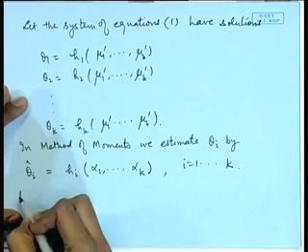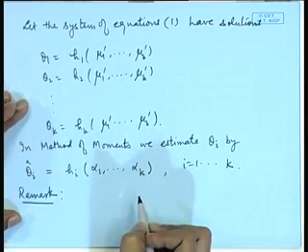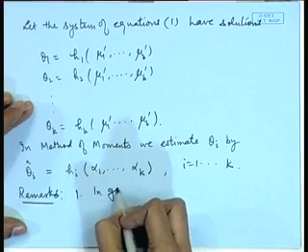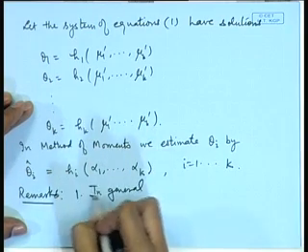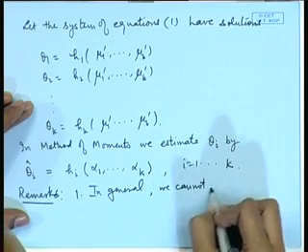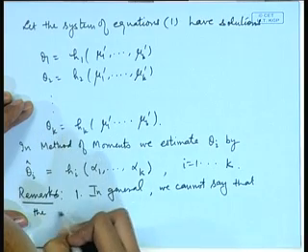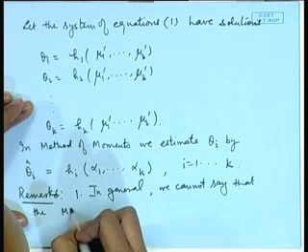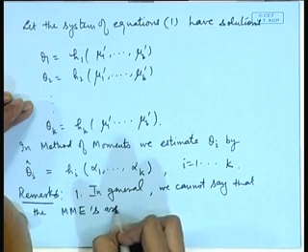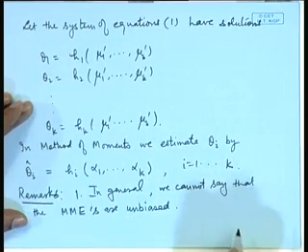Like we had seen that the least square estimates are unbiased, but in general we cannot say that the method of moments estimators, so I will use the word MMEs, in general they may not be unbiased.